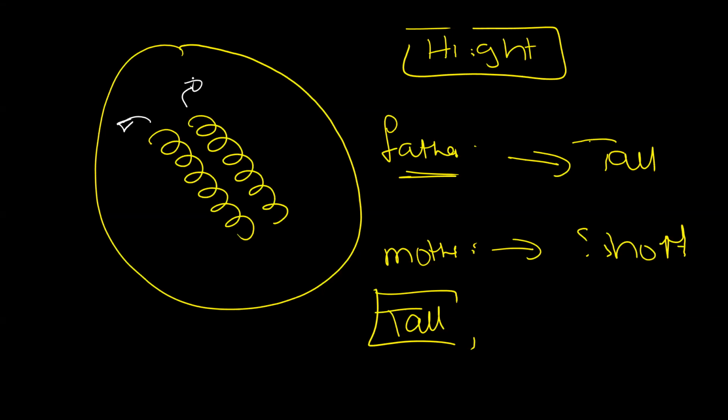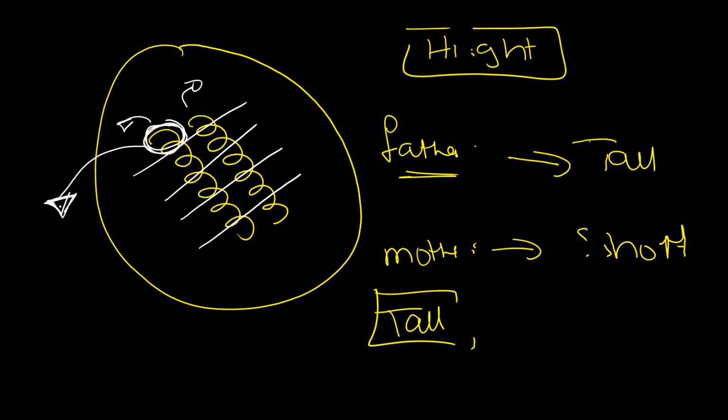This chromosome contains so many different genes. Every section of the chromosome contains many bases. Every 3 bases code for 1 amino acid, and many amino acids code for proteins. So every part of the chromosome codes for one particular protein or one particular characteristic.